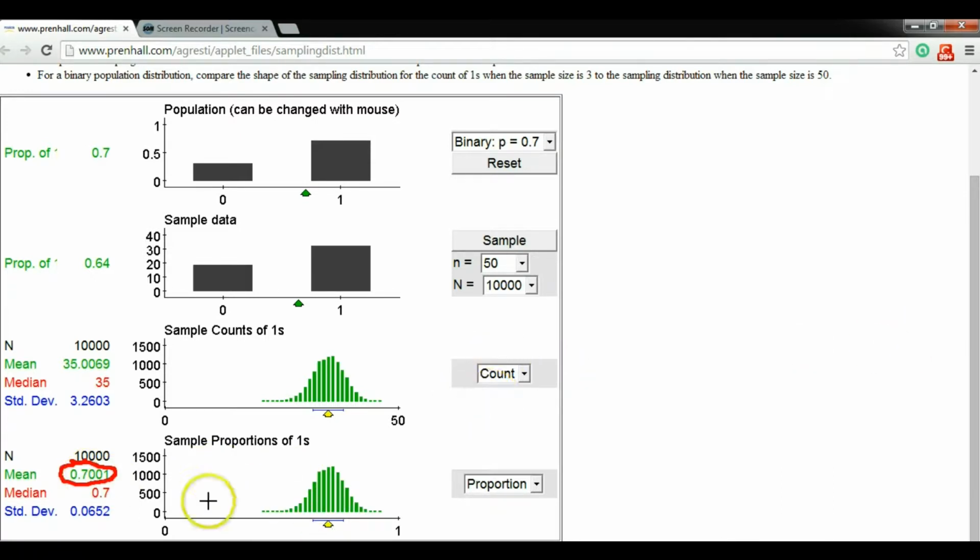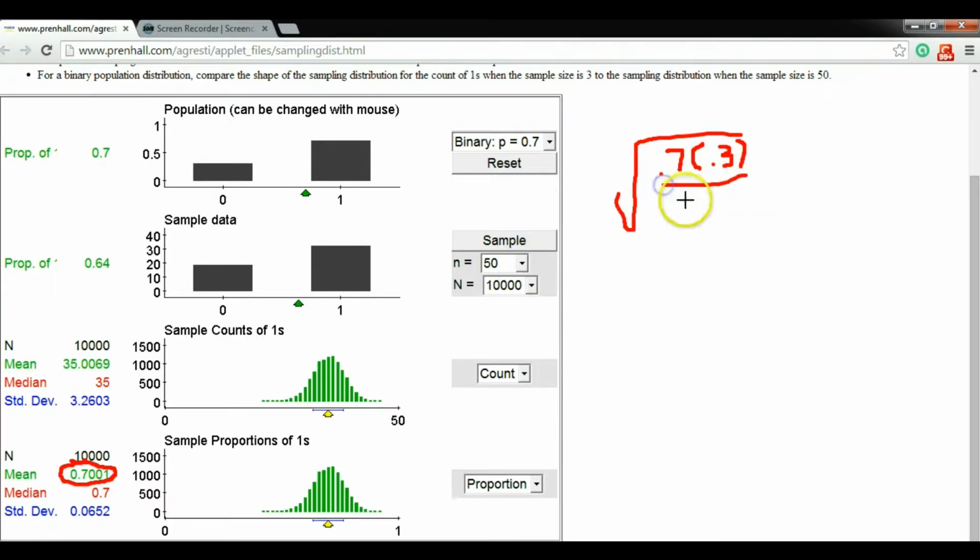And we also know that our standard deviation here is 0.0652, right? So how do we get that? Well, we would do the square root of p, which is 0.7 times 0.3, over n, and our n size here is 50.